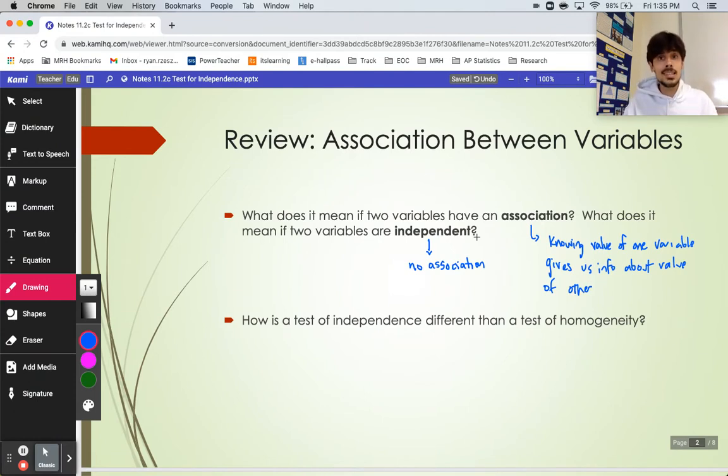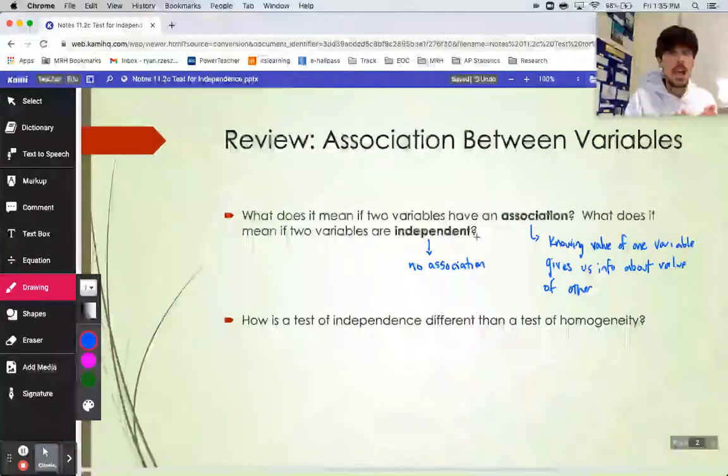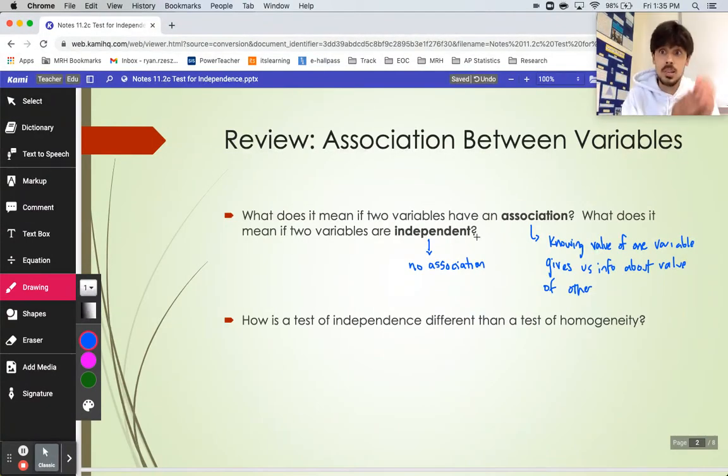When we're testing whether two variables have an association or not, the calculations, as I said earlier, are the same. We're going to do the exact same math we would do in a chi-square test for homogeneity. The difference is in how we interpret it. In a chi-square test for homogeneity, you would have your different treatment groups or different samples.